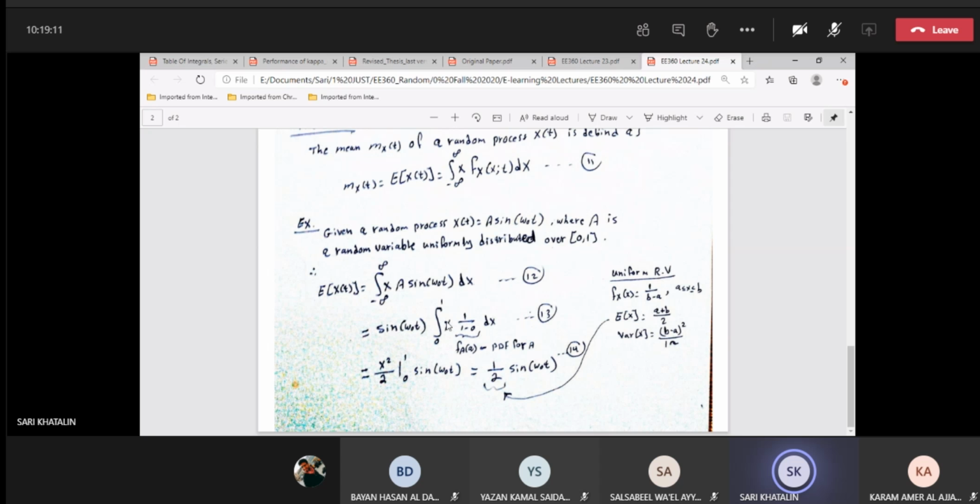Sine omega naught t is going to be out because it's not included, since a is the random variable, not sine omega t. Obviously we do the integration, and this is a very simple integration, and you will end up with this result. So the mean for this random process is half sine omega naught t.